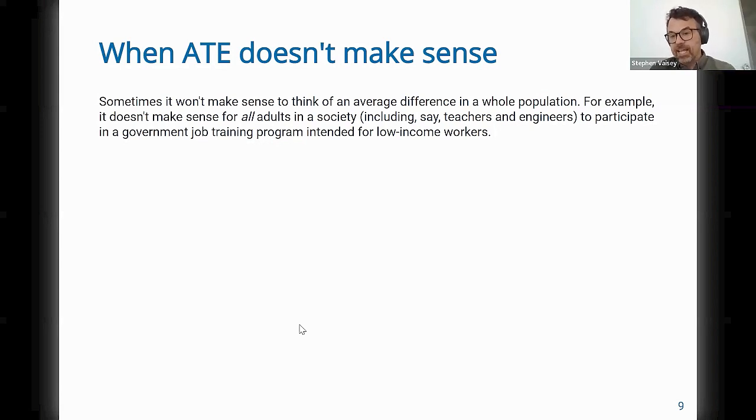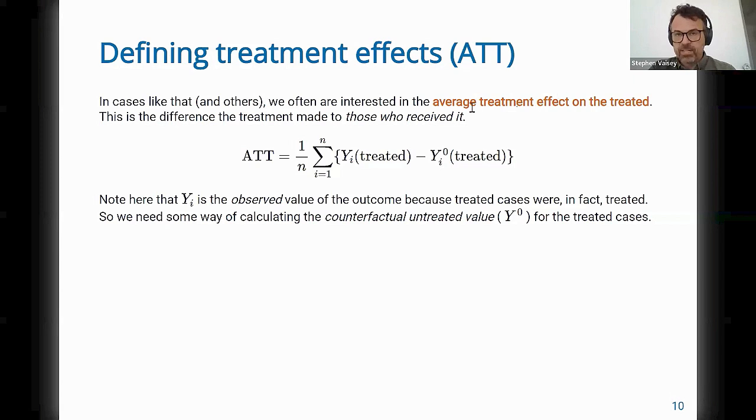And see what happens. That's going to reduce their life expectancy. So sometimes we have a much more targeted population in mind. And one way to think about that targeted population, especially in a clinical setting, but not exclusively in a clinical setting, is to define this treatment effect as the average treatment effect on the treated, meaning what does this treatment do to the people who receive it?